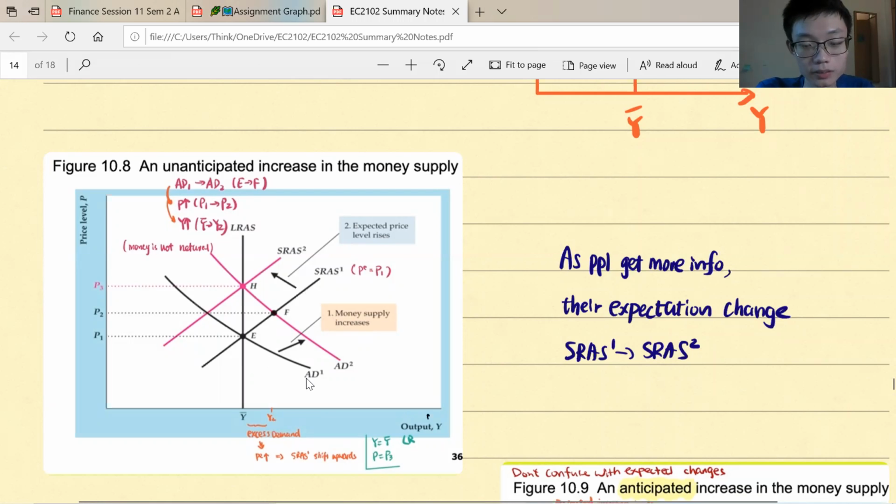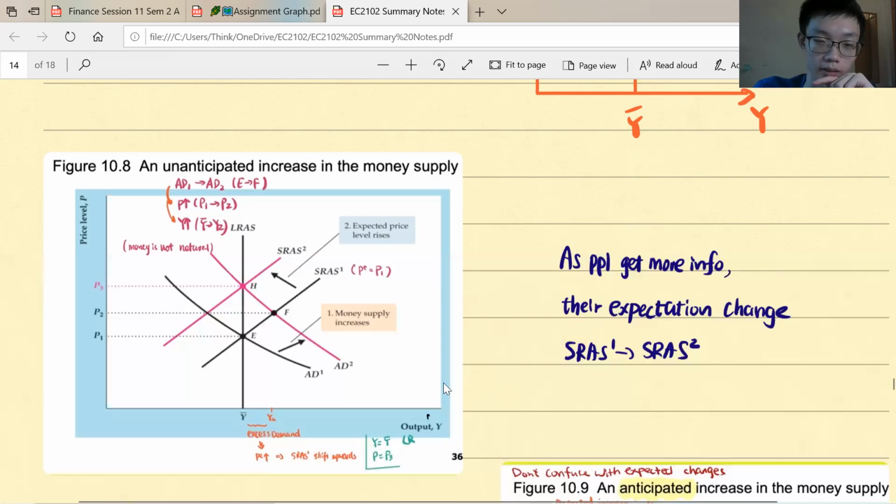So AD shifts to AD2, it's an increase, but the expected price level will also increase from SRAS 1 to SRAS 2. Why? Because as people get more information, their expectations change.